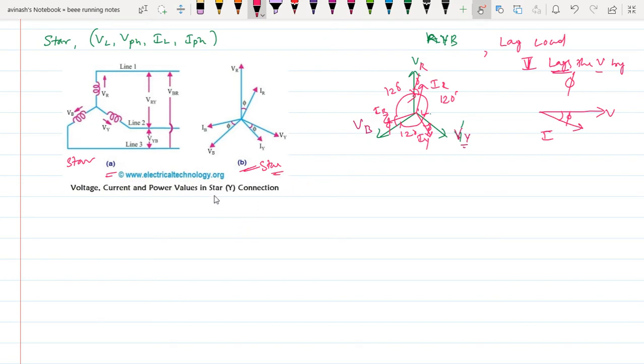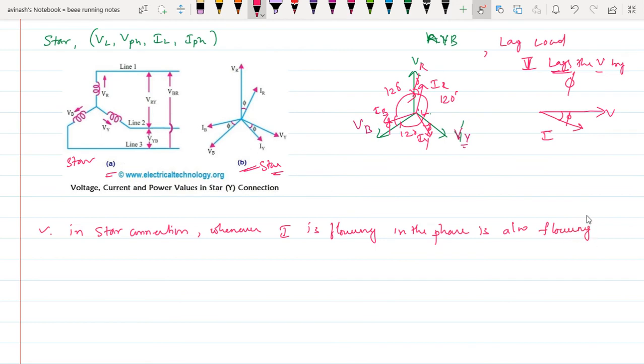What you can observe here is, in star connection, whenever current is flowing in the phase, it is also flowing in the line.